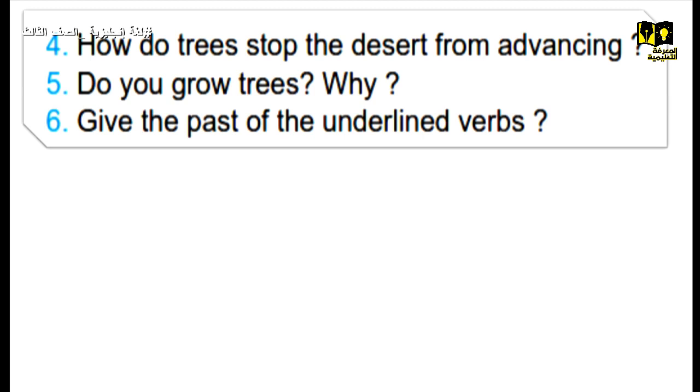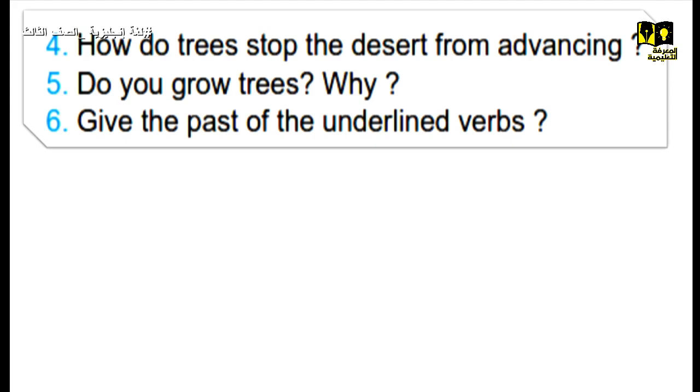It's your time to make a table, write these underlined verbs in your notebook on the left side, and write their past in the middle column, and the past participle in the last column, right? Which is not mentioned here, but I ask you to make a new column for the past participle.